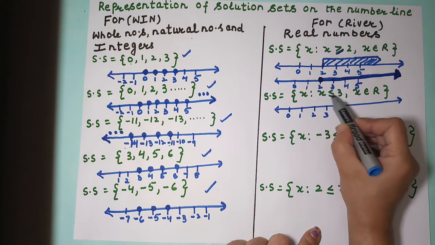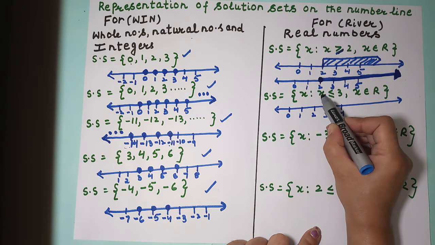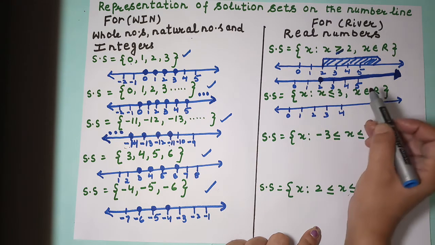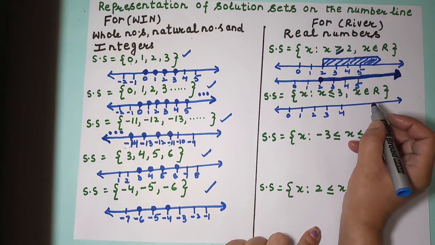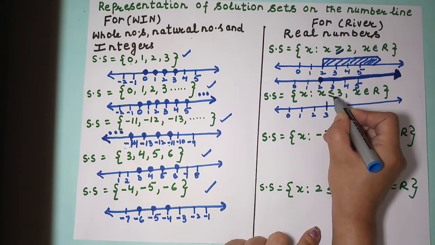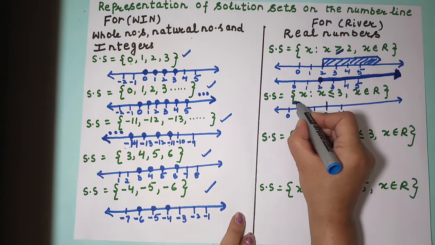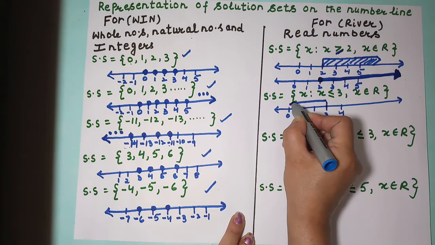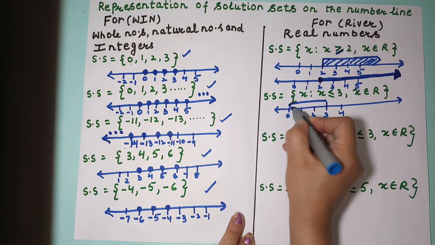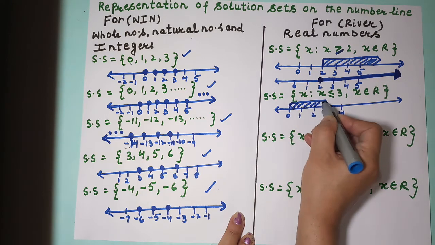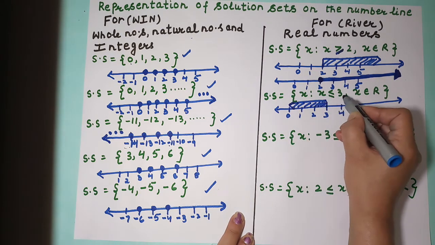Less or equal, that means all the numbers starting from 3 and then going to infinity in this direction. There's no end to this. So what we will do is we'll go to 3, draw a straight line because equality sign is there. Draw a rectangle like this. Same way, this side, this time this is increasing in this direction. All the numbers less than 3. Shade this. This represents x is less or equal to 3.